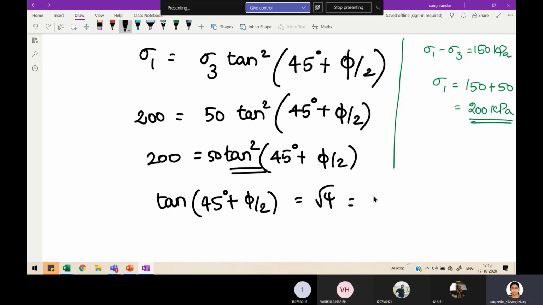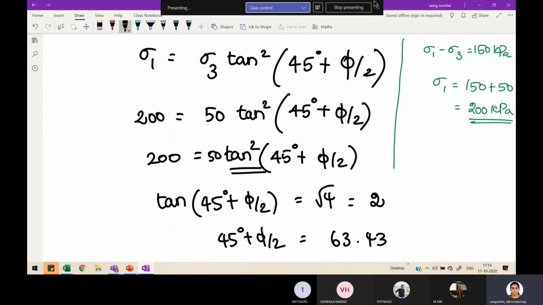So root of 4 is 2. Okay. So tan inverse of 2 is 63 degrees. So 45 degree plus phi by 2 is equal to 63.43.